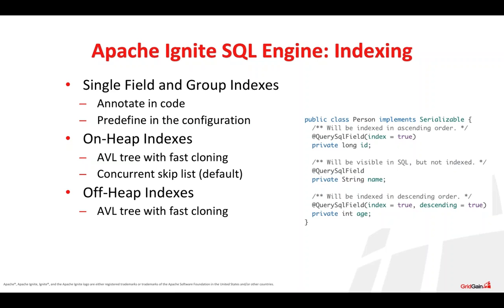For that purpose, we have the QuerySqlField annotation. Using this annotation, you simply mark the fields that should be indexed or queried inside of the implementation of your data model object.